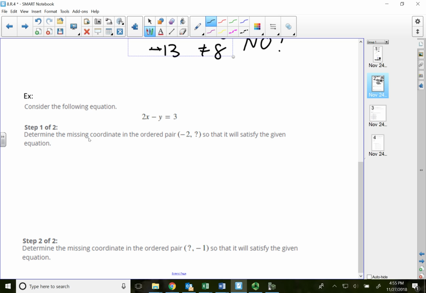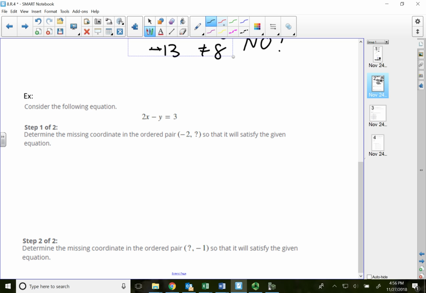So this particular example tells me it wants negative 2 for x, so my job will be to find the y value. Once I'm able to use the equation of the line to find the y value, then I will have a point that is going to be on this line. It makes sense because we are using the equation of the line in order to find the points that we need to draw this line.